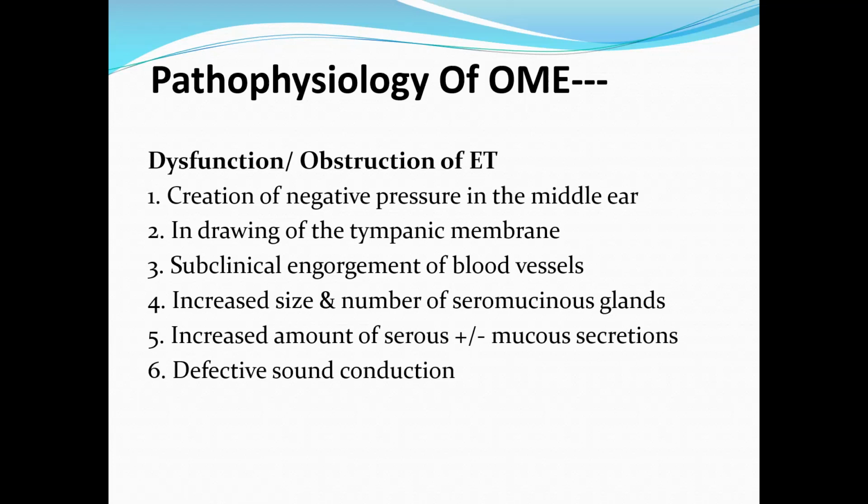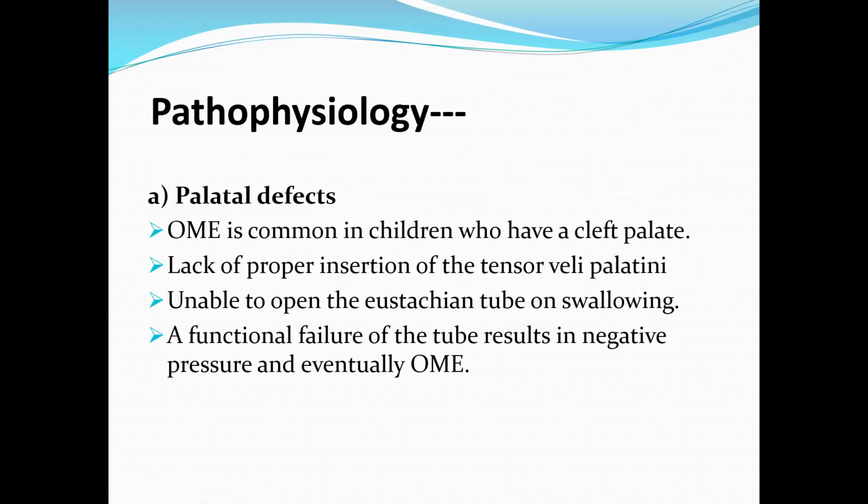And also, if there is inflammation, it will stimulate the seromucinous glands. So secretions of these glands will increase due to inflammation, and the collection of this secretion will cause a problem in conduction of the sound waves. So there will be hearing loss in children.